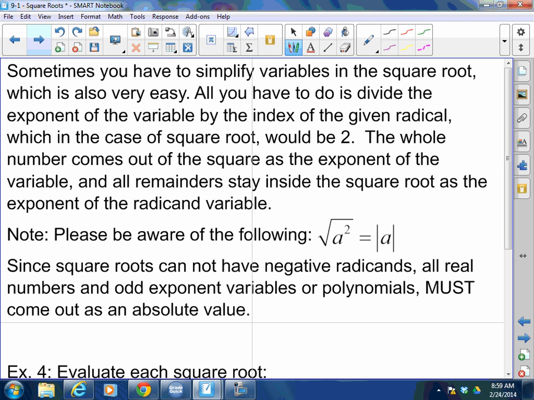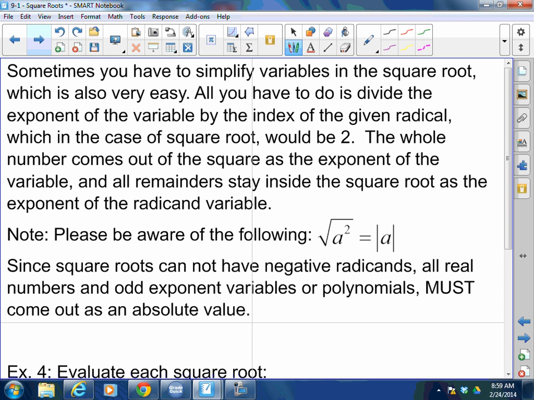Now, sometimes you have to simplify variables in a square root, or in any radical for that matter, which is very easy. I think the variables are easier than the numbers.